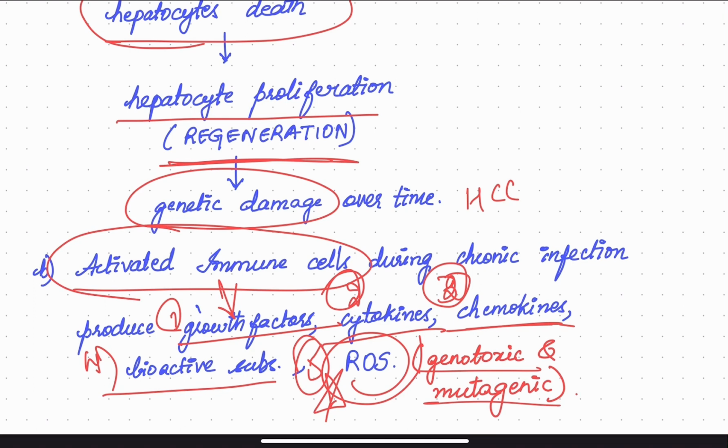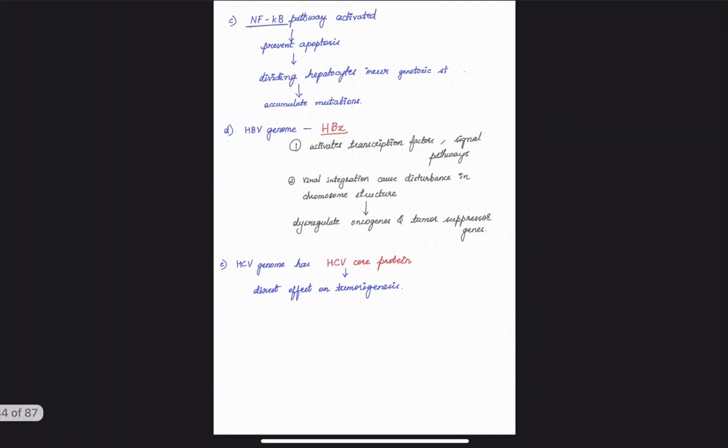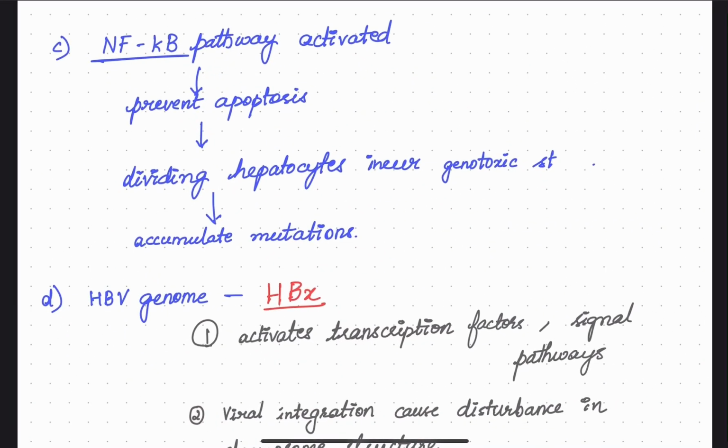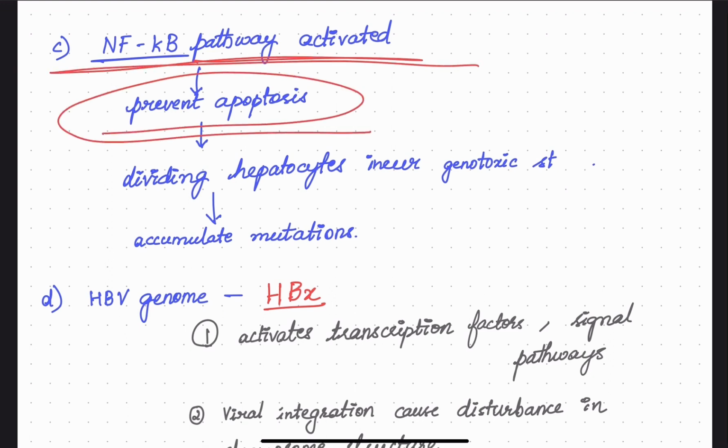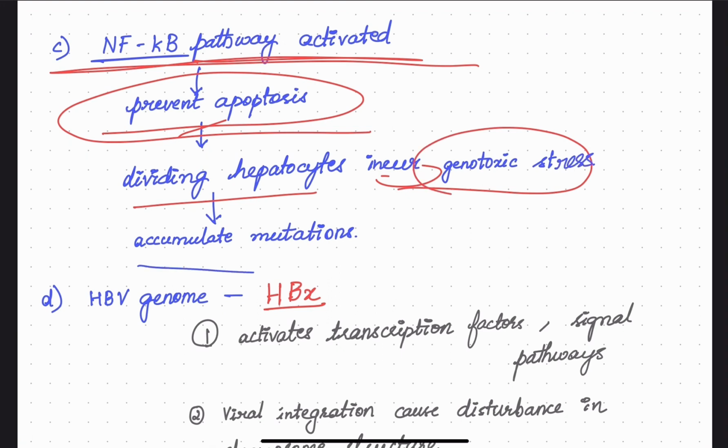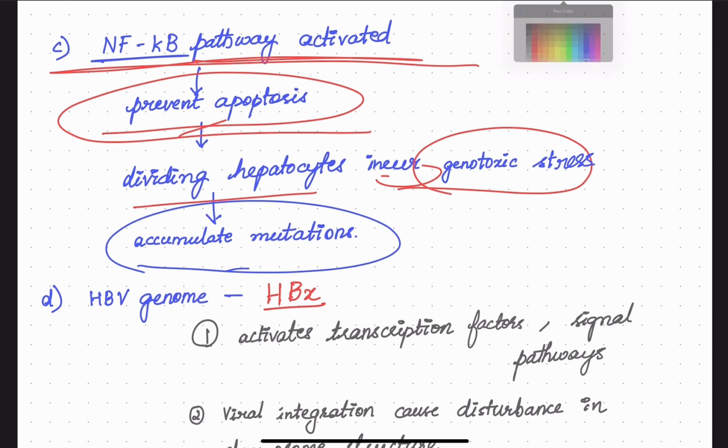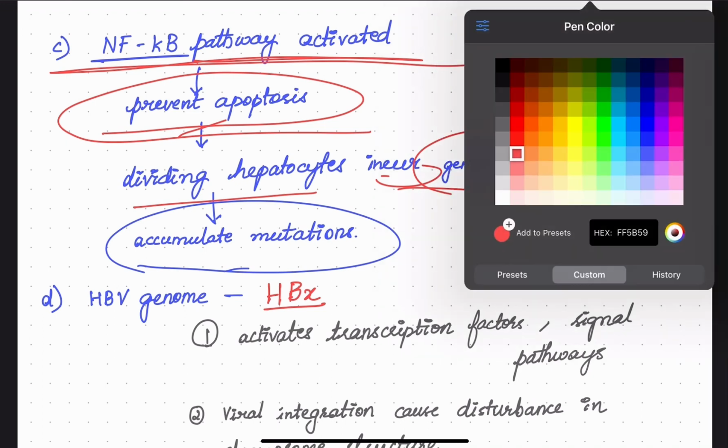They damage the genome. And another pathway, the NF-kB cell signaling pathway, is activated and prevents apoptosis. The damaged cell survives. The dividing hepatocytes incur genotoxic stress. They accumulate mutations over time and ultimately lead to tumor.